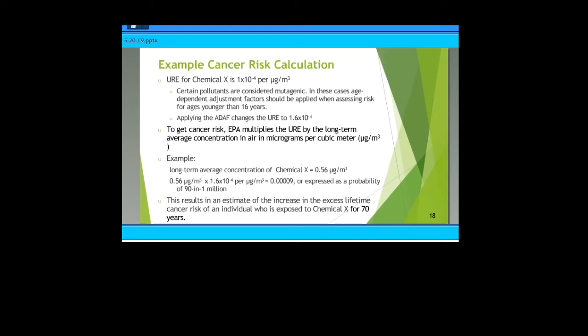For ages 2 to less than 16 years, the age-dependent adjustment factor is 3, which is multiplied by the unit risk estimate. And for any ages greater than or equal to 16 years, there is no age-dependent adjustment factor.